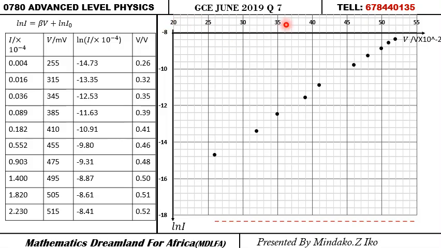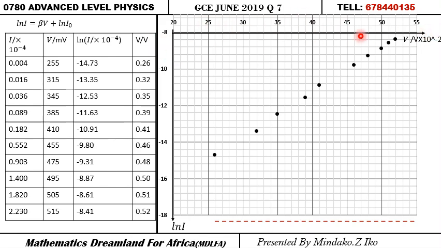All right, so what next? We have labeled our axes, so the next part we do is, let's come here. Our first point is negative 14.7 on the vertical axis, and our horizontal axis is 26, not 0.26, because we have just included times 10 to the minus 2.